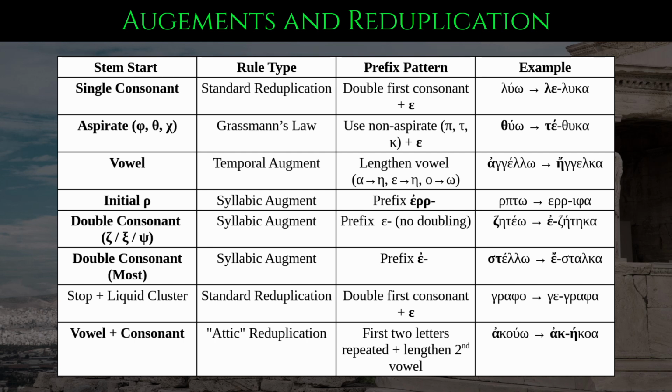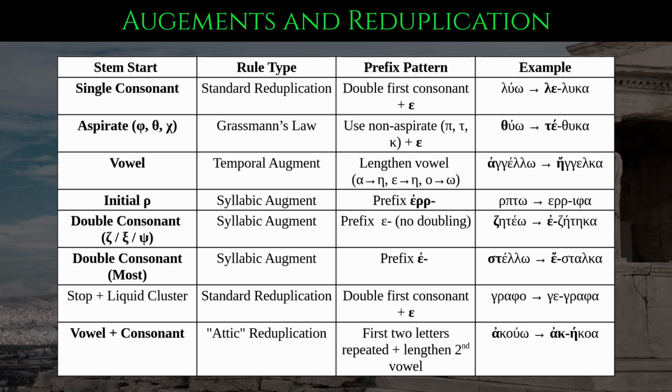Here we have a prefix and the epsilon, but no doubling this time. For example, Zeteo becomes Etzeteka. As you can see, here the initial ts is not doubled.